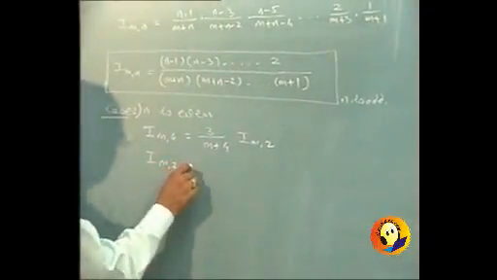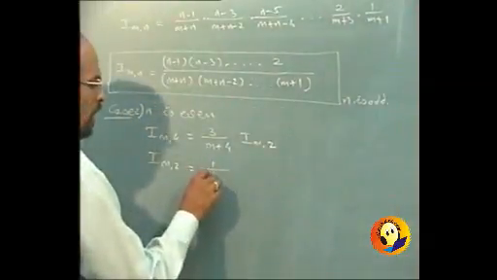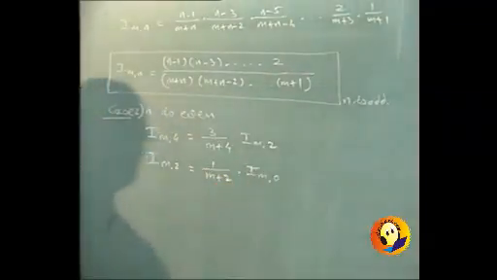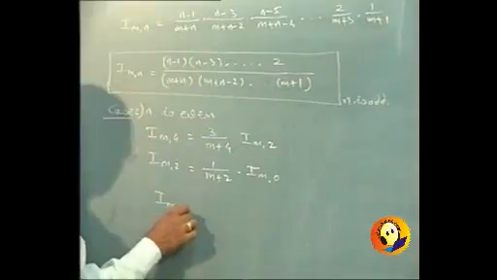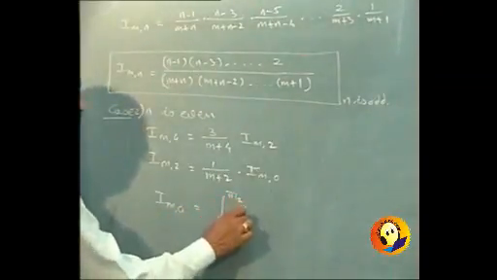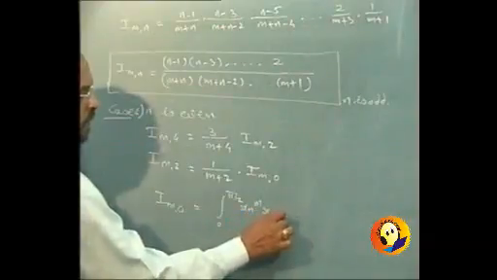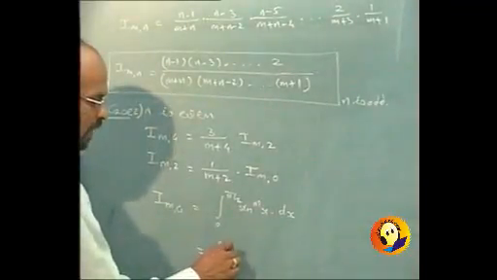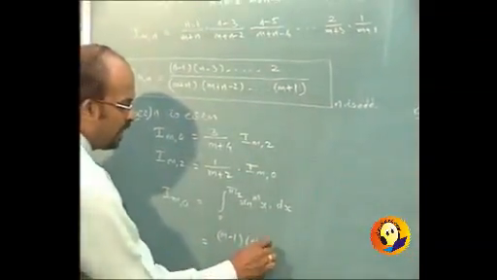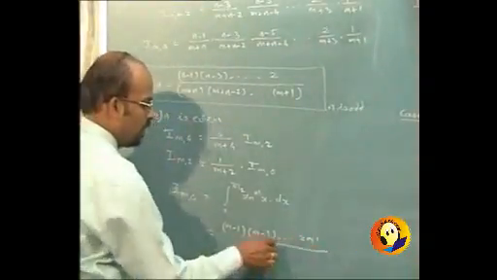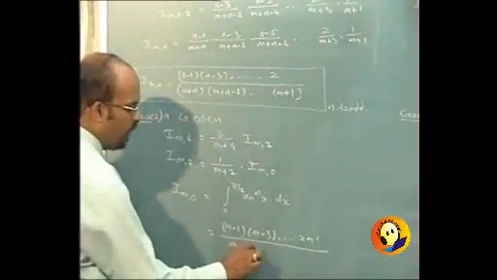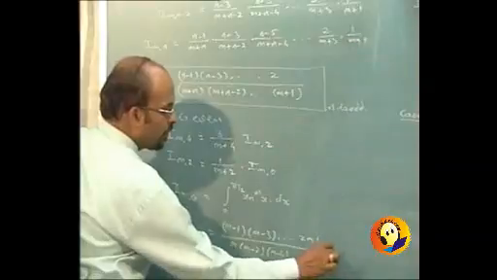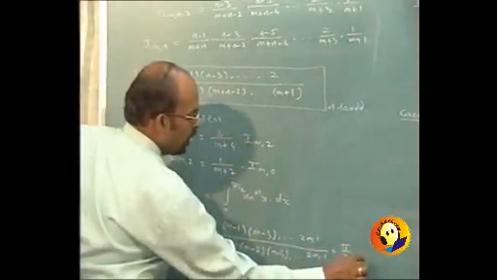Im2 will be equal to 1 upon m plus 2 into Im0, and Im0 will be integral 0 to pi by 2 sin raised to mx dx, and the reduction formula for the same we have already calculated as m minus 1 into m minus 3 etc. up to 2 or 1 divided by m into m minus 2 into m minus 4 etc. up to 2 or 1 into pi by 2 if m is even.